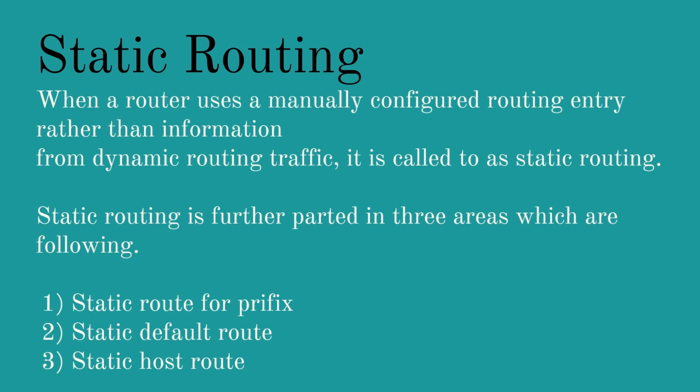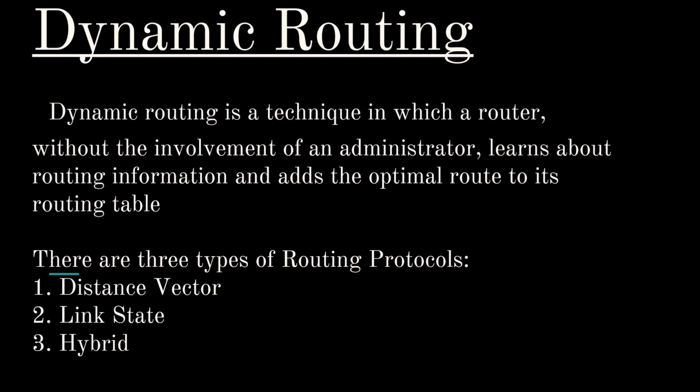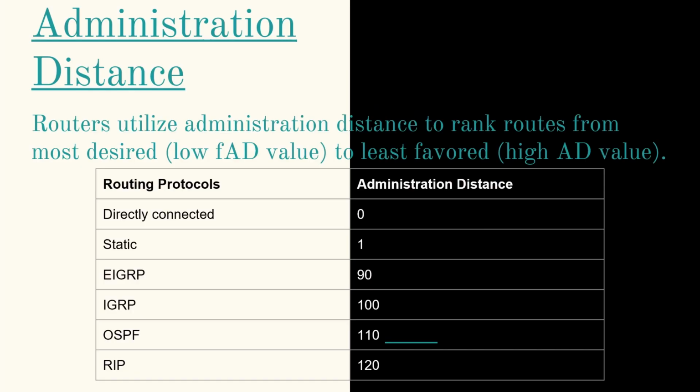When a router uses manually configured routing entries rather than information from dynamic routing traffic, it is called static routing. And if a router learns about the routing information and adds the optimal route itself, without the administrator's involvement, then it is dynamic routing. There are three different types of dynamic routing: distance vector, link state, and hybrid.